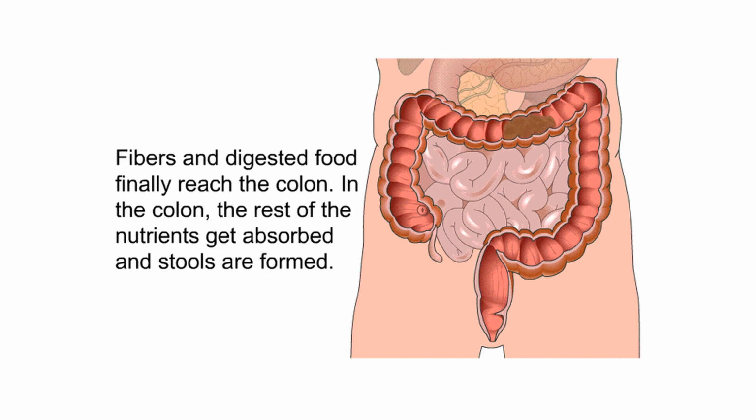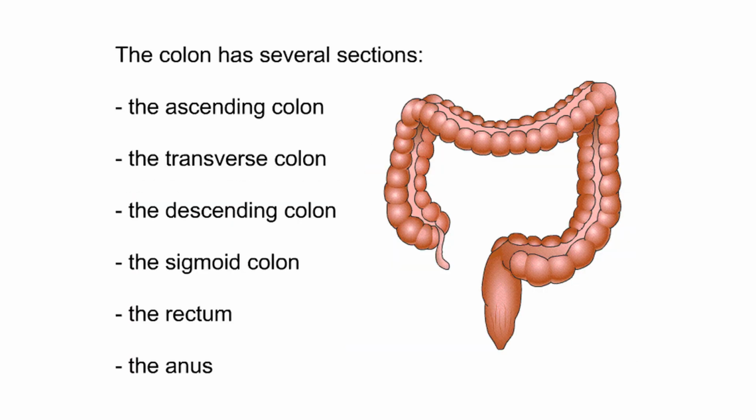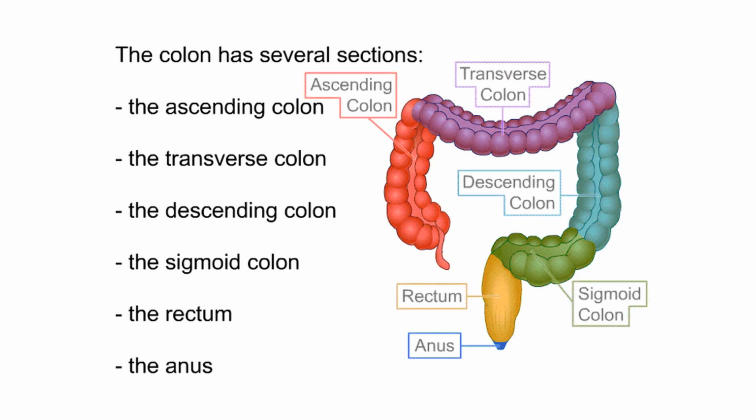In the colon, the rest of the nutrients get absorbed and stools are formed. Stools are stored in the last part of the colon, the sigmoid and rectum, before being excreted. The colon has several sections: the ascending colon, the transverse colon, the descending colon, the sigmoid colon, the rectum, the anus.